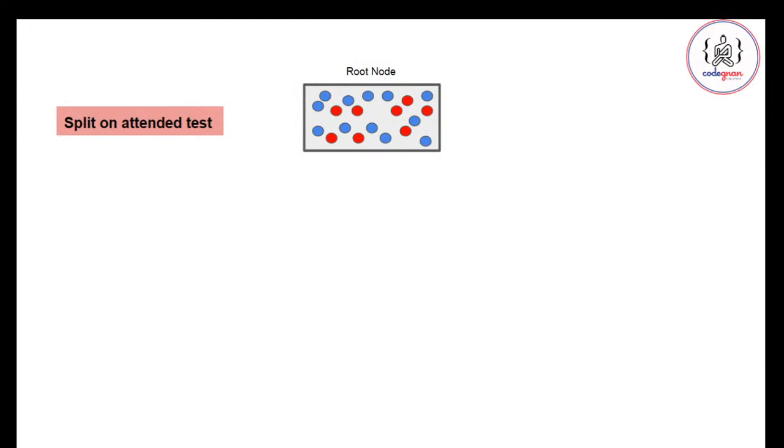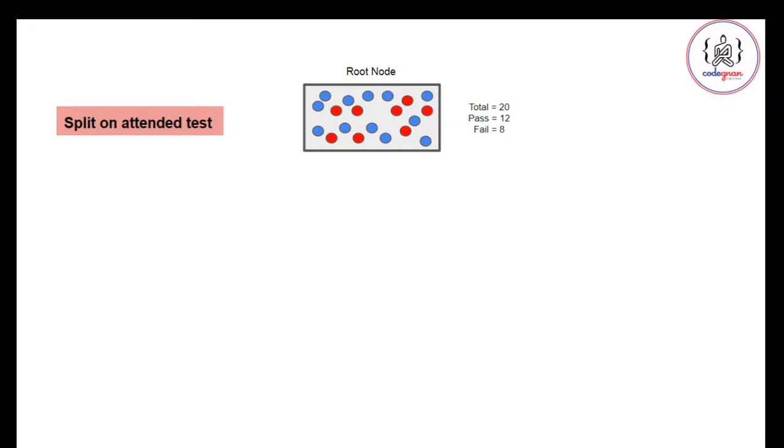The red circles represent students who have failed and the blue circles represent students who have passed. The total data points are 20, and there are 12 pass, that is blue circles, and 8 fail, that is red circles.